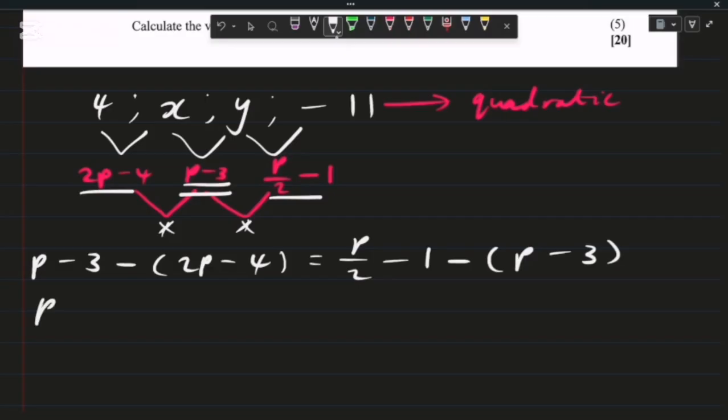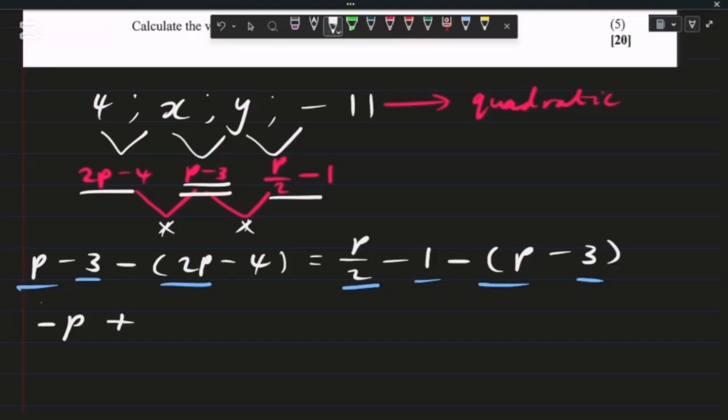Let's do it. What can you see? There will be p minus 2p, and then minus 3 plus 4. And then over here there will be p over 2 minus p, and then negative 1 plus 3. So p minus 2p will be minus p, and then negative 3 plus 4 will be positive 1.